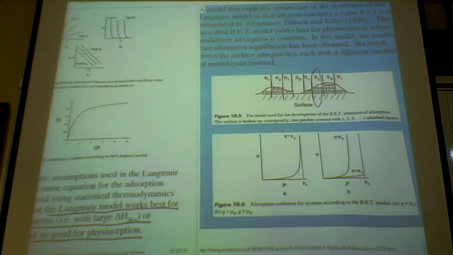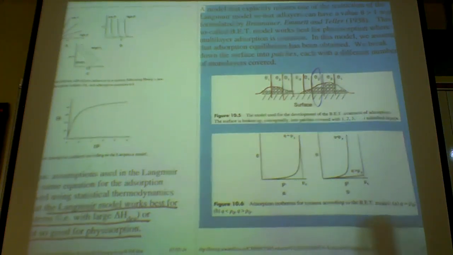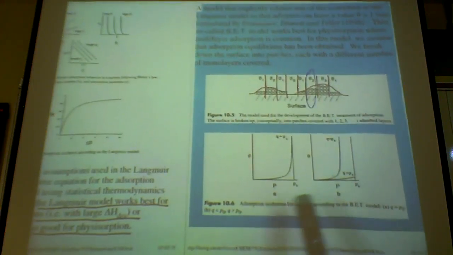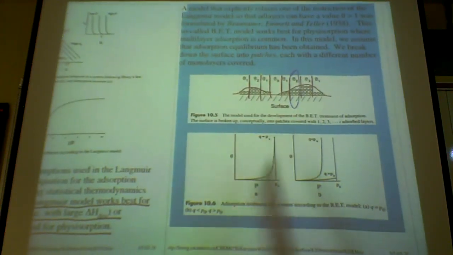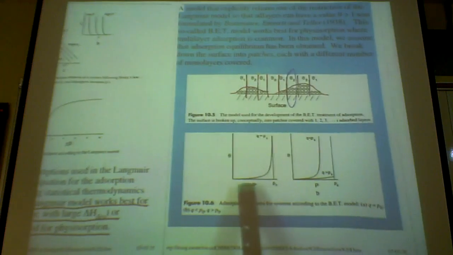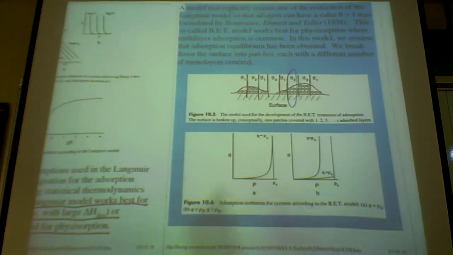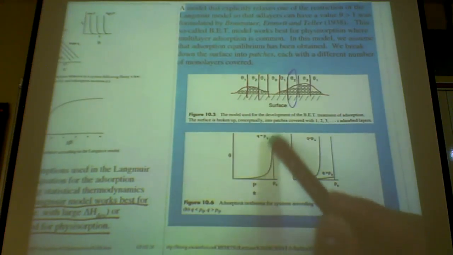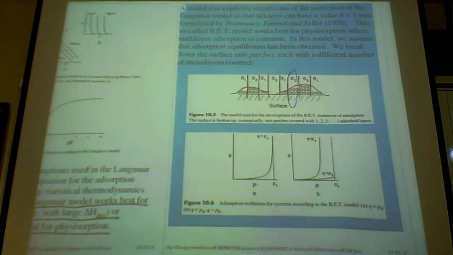Okay, so the forms look very different from the BET, and that is good, because in the case of physisorption, there should be no limit on how much coverage you have. Because there's a limiting pressure to build up this coverage, your coverage should go to infinity, and this can all be done.